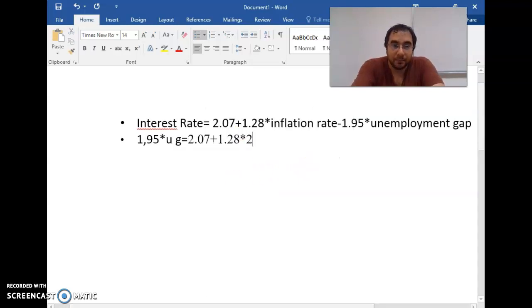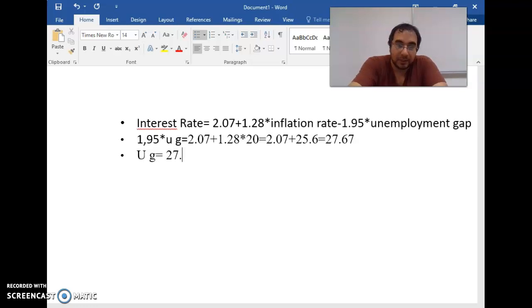So this is 20, which is equal to 2.07 plus 25.6, I believe, which is equal to 27.67. So the unemployment gap is just equal to 27.67 divided by 1.95.